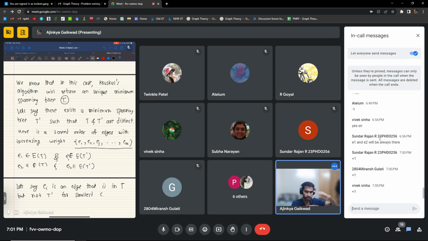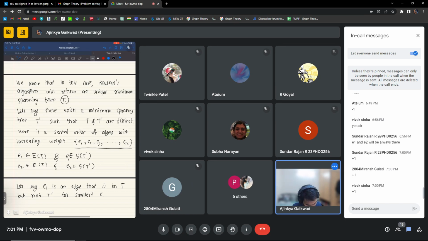These two sets T and T prime agree with each other before I get to EI. This is the first time I'm violating this, saying that EI is there in T, but it is not there in T prime. Now let's see, if this is the case, then something will go wrong, which I will tell you.